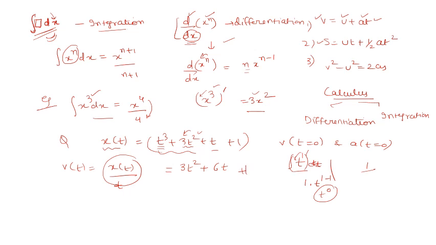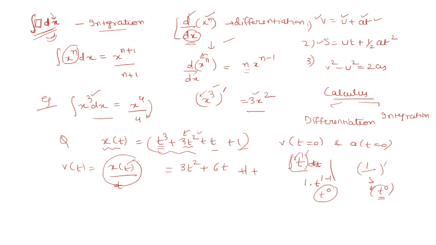So this is 1 plus this is already 1. So if you differentiate it, can I write it like t raised to power 0? Because 1 means t raised to power 0. And you know, any variable having power 0 is 1. So I wrote t because this function is in the form of t. So t raised to power 0.